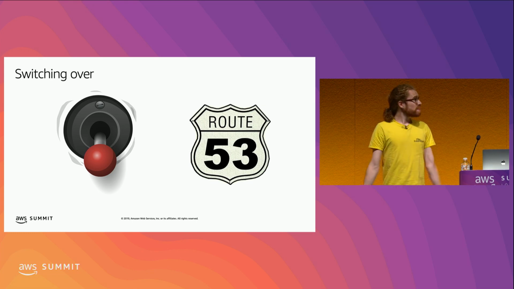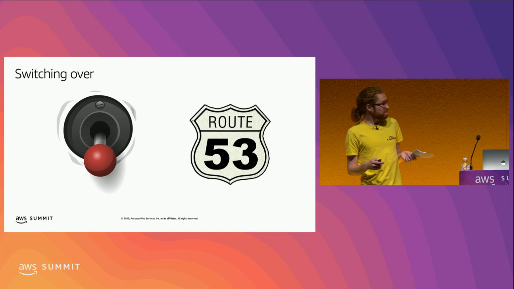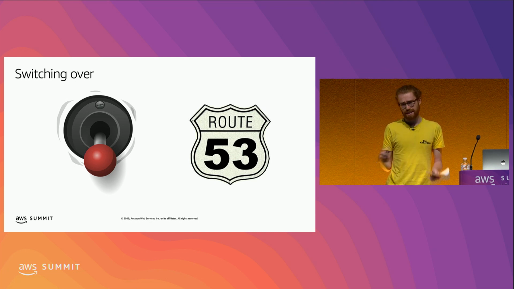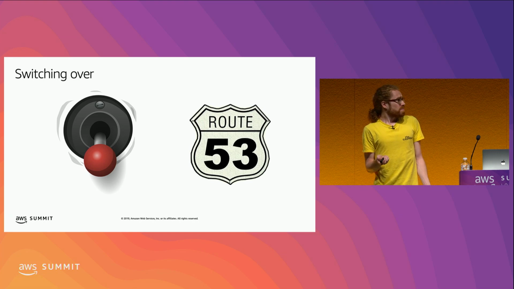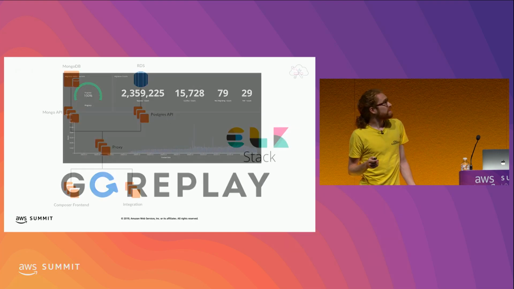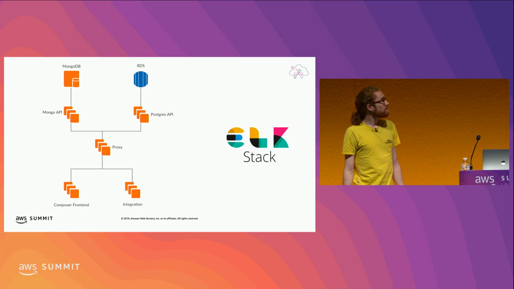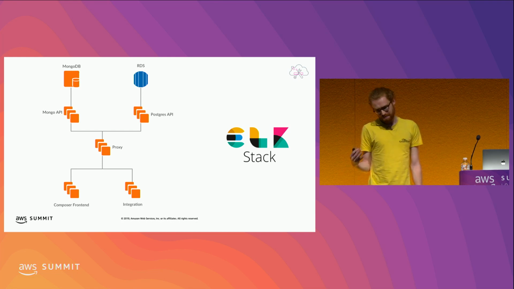Once we had some confidence with this, we had the issue of actually changing over from Mongo to Postgres and treating that as the primary data store. What made this more difficult is that this picture looks really nice, but it's actually a lot more complicated than that.